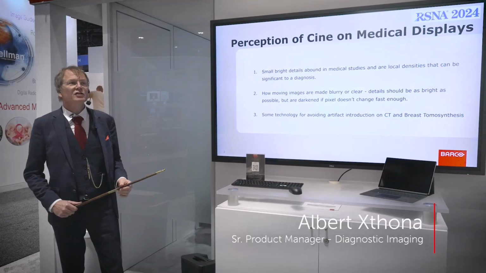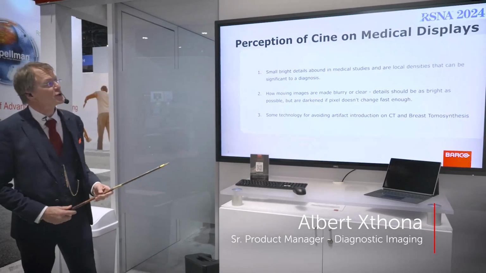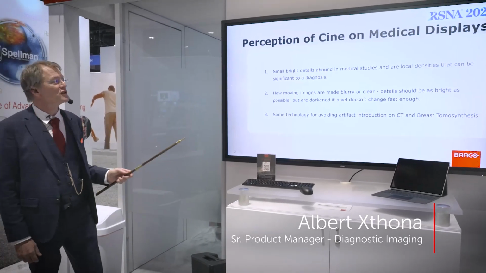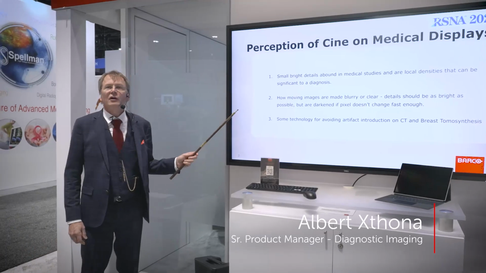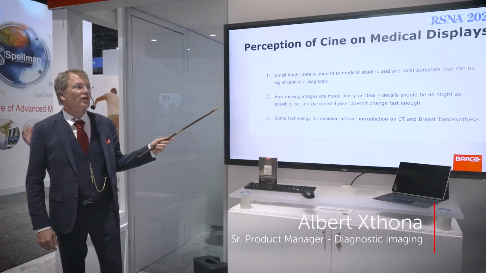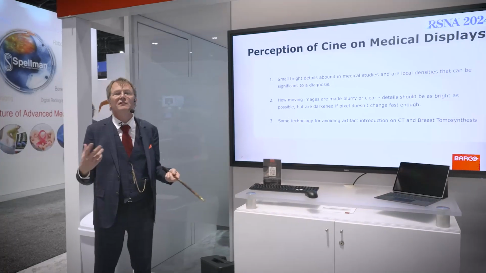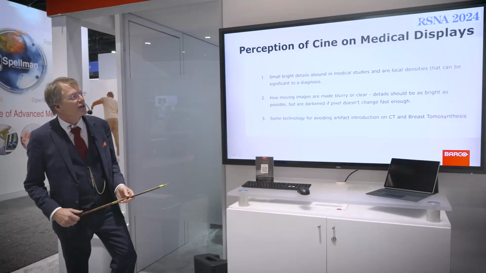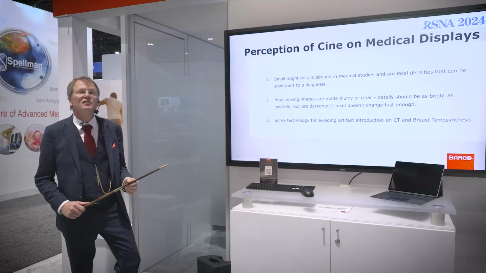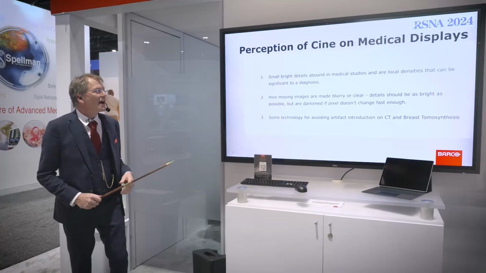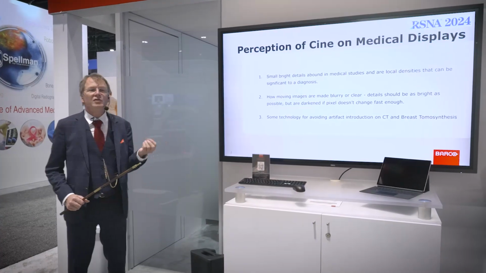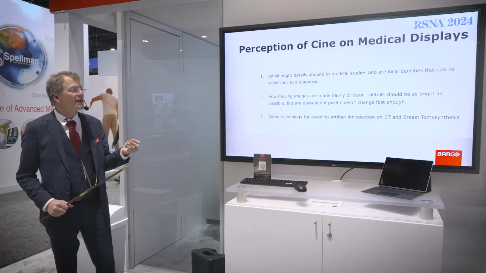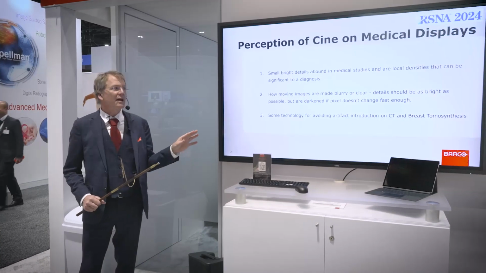All right, I'm going to talk today about perception of cine on medical displays. Of course, we know that small, bright details abound in studies, and that local densities can be significant to a diagnosis. How the moving images are made to be blurry or clear, that's what we're going to be talking about.